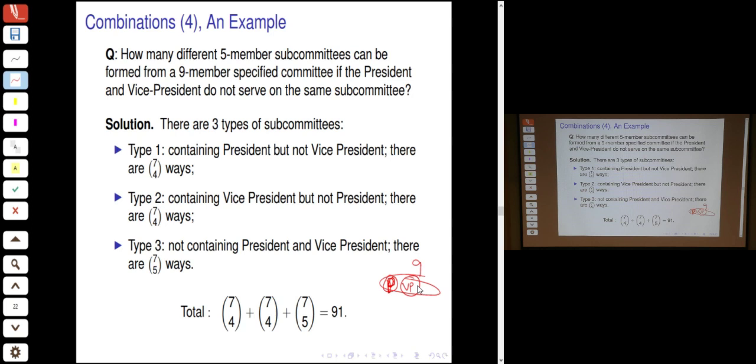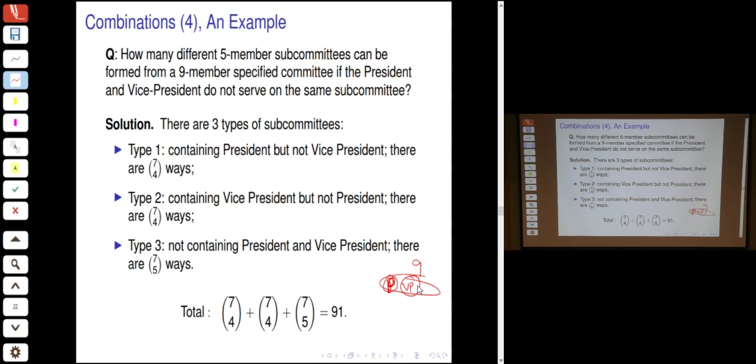Okay. So, what can you do? If P and VP belong to the same subcommittee, you cannot have that. So what are the possibilities? The president is present, the vice president is not present in your subcommittee. That is possible. It can be the case that the president is not present, but the vice president is present. That is also fine. It is also fine to not have both the vice president and the president.